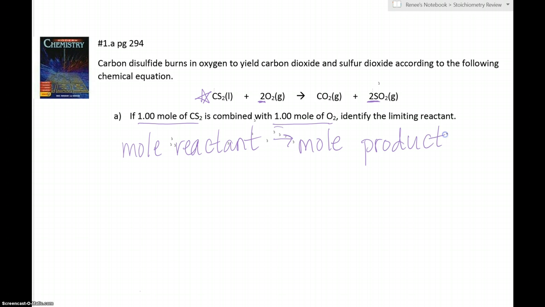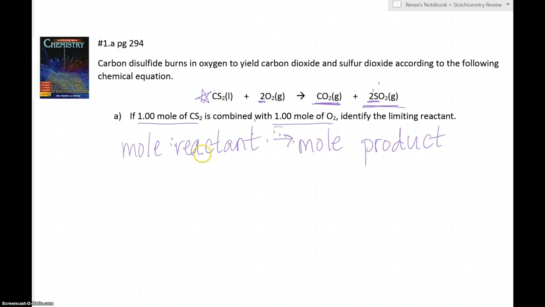Now, I like to pick the product that is the easiest to do. And in this case, the 1 that's in front of carbon dioxide seems pretty easy to me. But you could do it with sulfur dioxide and you'd get the same results.